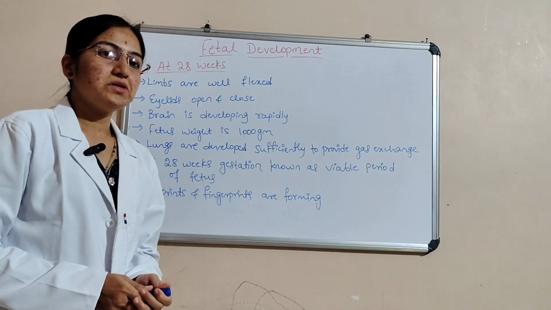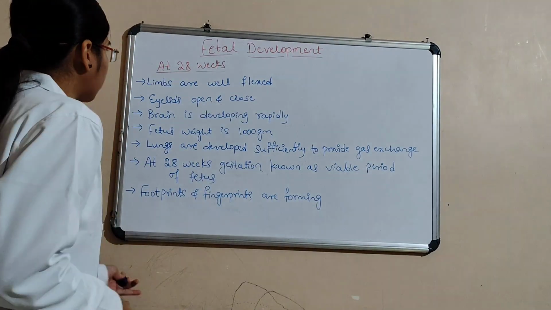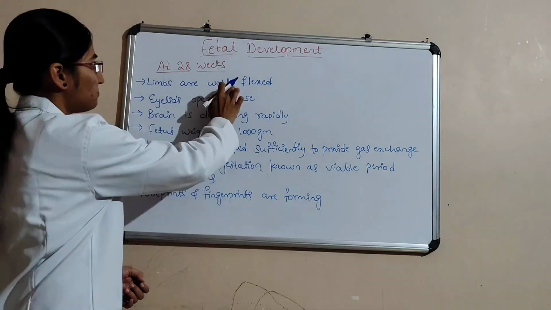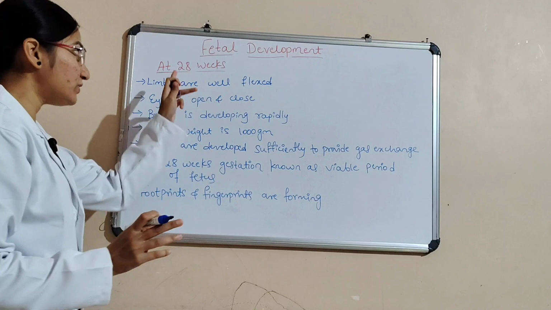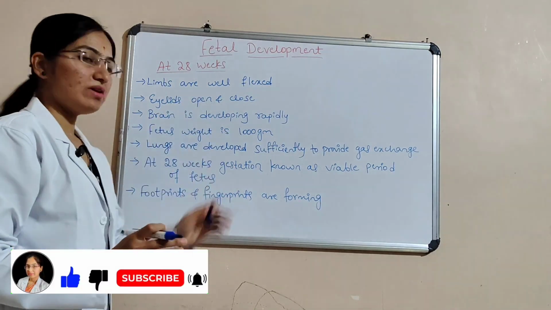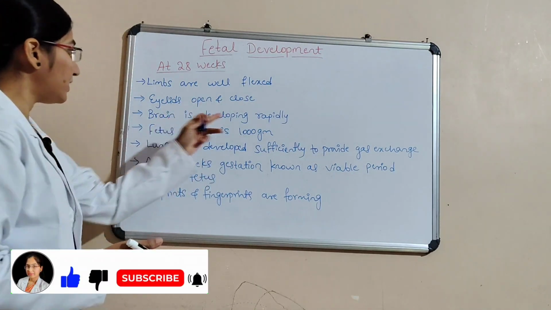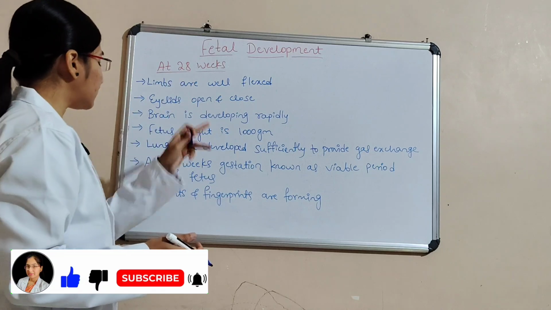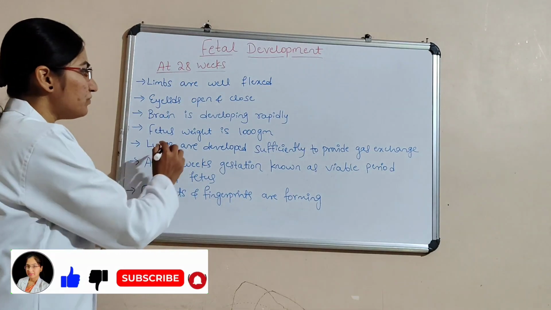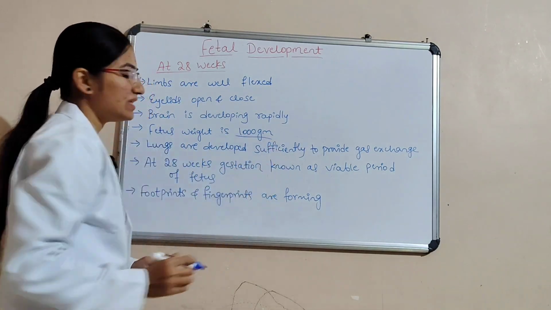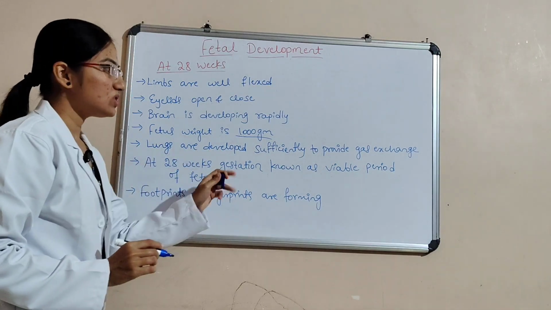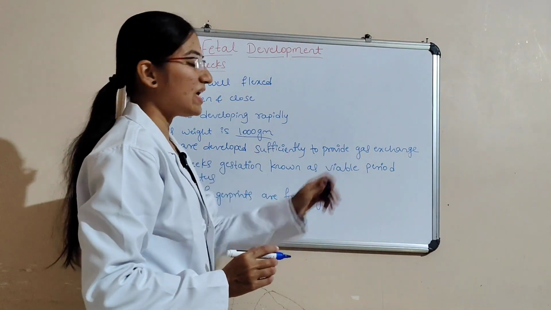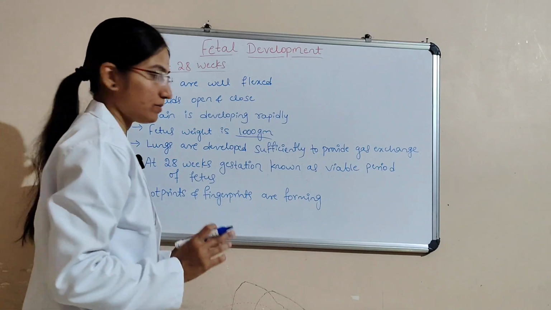Next we'll see 28 weeks. Limbs are well flexed and eyelids open and close at 28 weeks, and the brain is developing rapidly. Fetus weight is 1000 gram, 1 kg. Lungs are developed sufficiently to provide gas exchange if born.